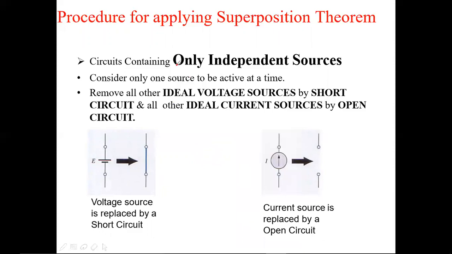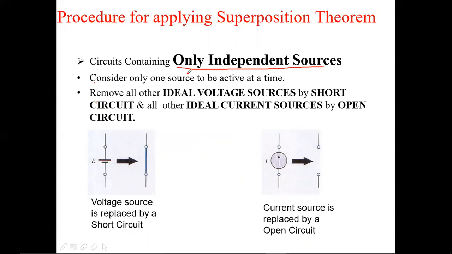So here the first point is only independent sources. Consider only one source to be active at a time. This is a very important point. First point, circuit containing only independent sources. So please note down these points. These points are very important before we do the problem. You should make a note of all the points.